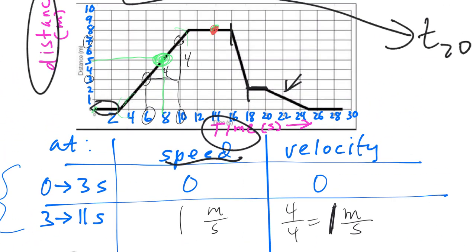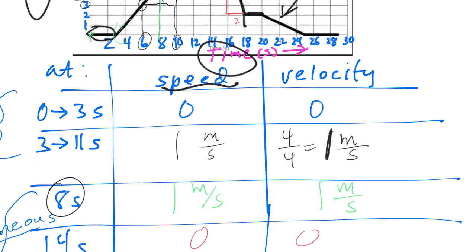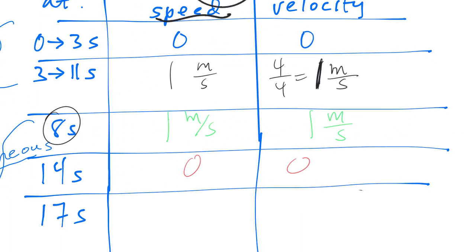17 seconds. Right here, somewhere right there. Okay, so you have to find the slope of that line. The rise is 8 minus 2, which is 6. The run is 16 to 18, which is 2. So the velocity is 6 over 2, but it's negative because it's downhill.